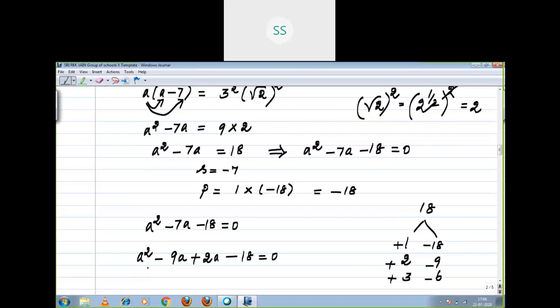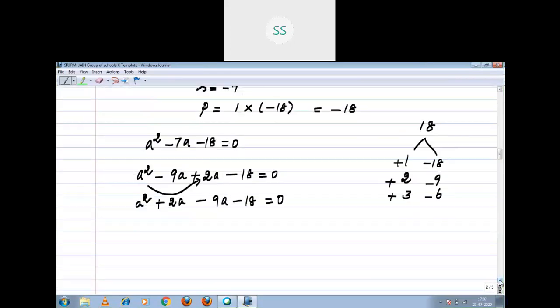Now, see here, these two I am going to take. a square plus 2a minus 9a minus 18 equal to 0. In the first two terms, which is common? a is common, right? Now you see, I'm going to take a as common: a plus 2.